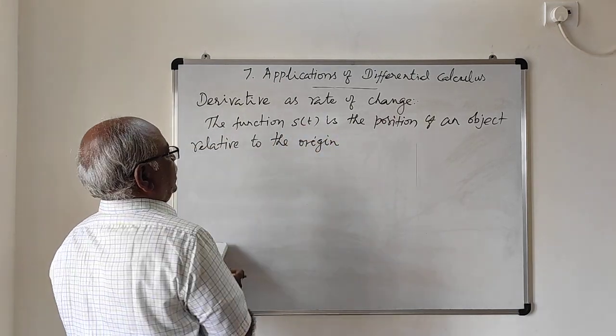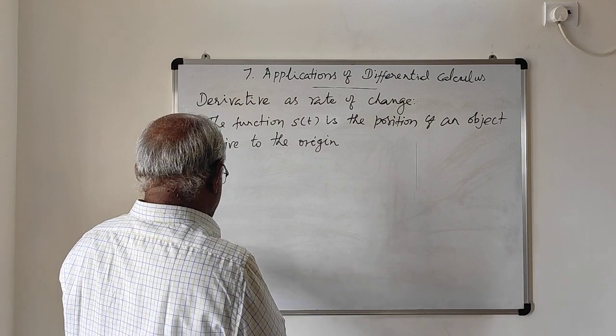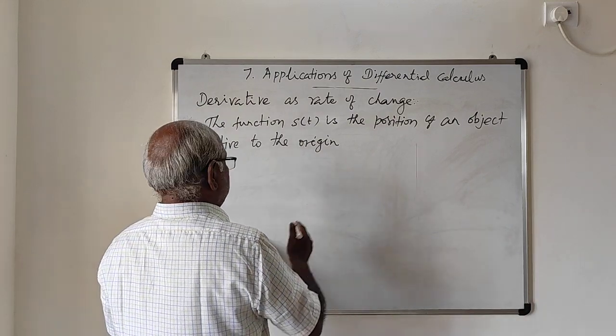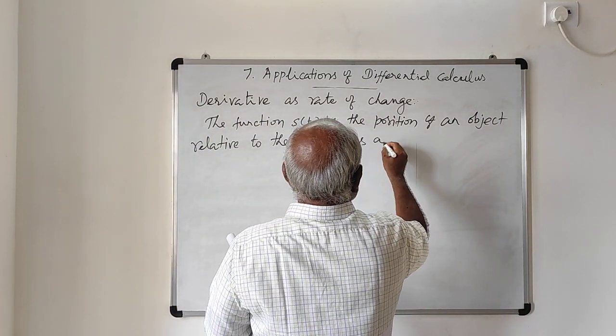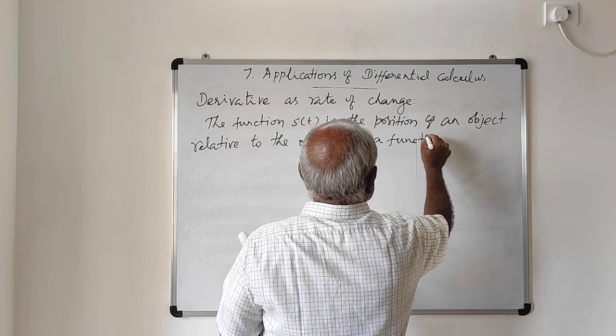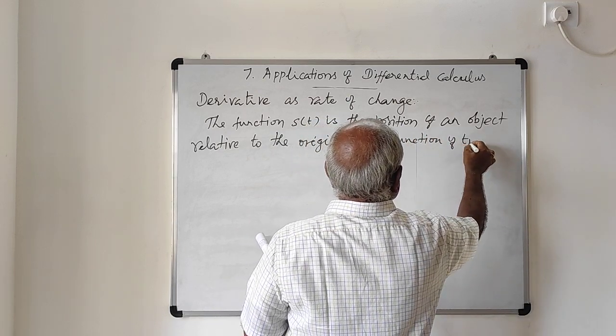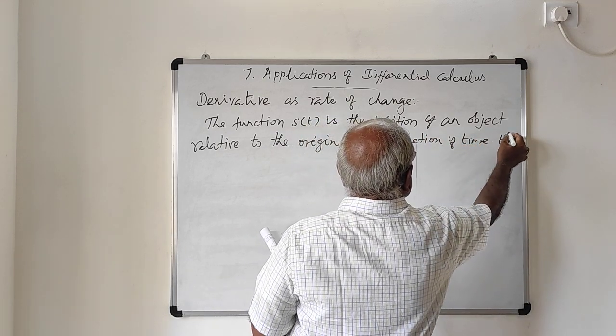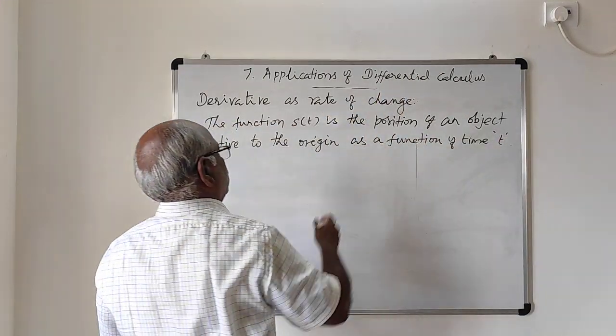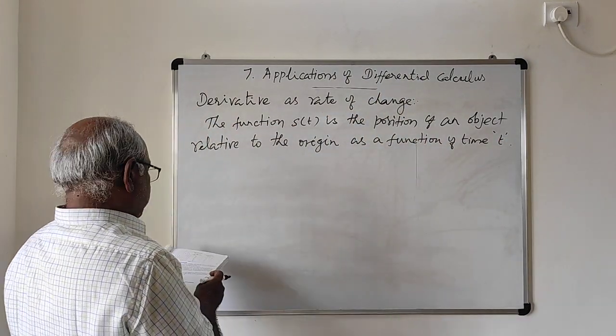The function s of t is the position of an object relative to the origin as a function of time t.